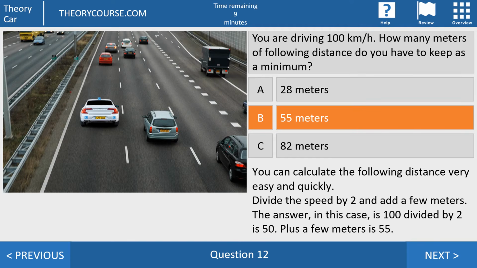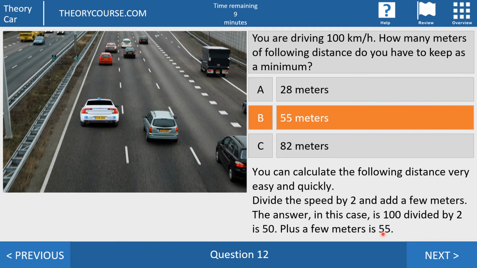Your following distance is 2 seconds, but 2 seconds is how many meters? Well, there is a very easy and quick way to calculate this. Just divide the speed by 2. So if you drive 100, divided by 2, the answer is 50. And then you add a few meters, so 55 is the right answer.